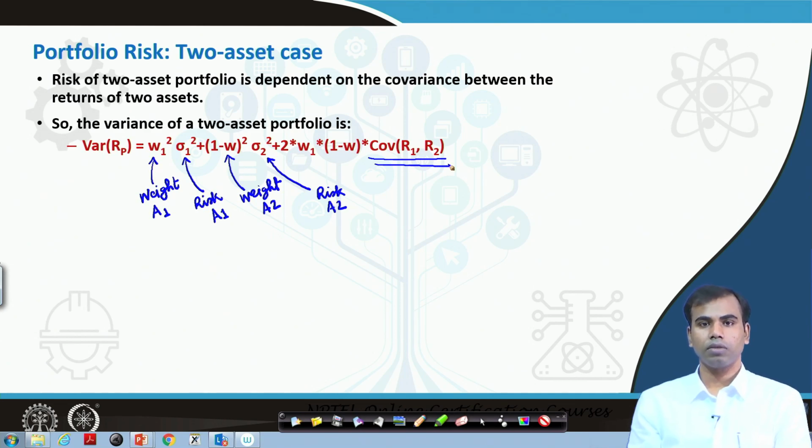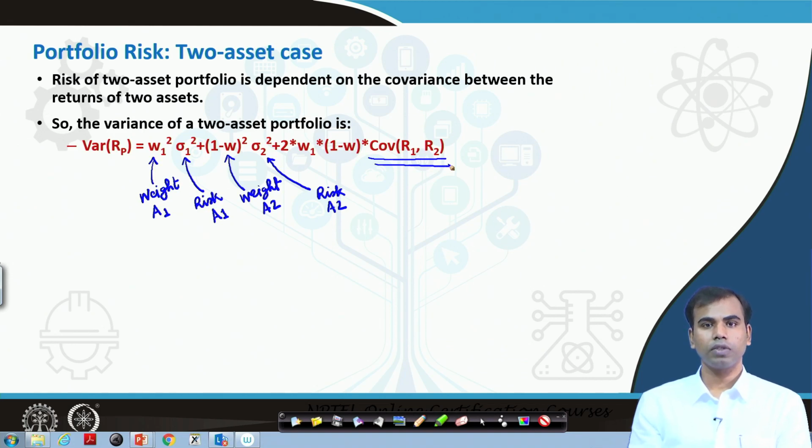What it implies is when we have two different assets in our portfolio, let us say stock and bond, we need to understand how these two assets are correlated, which means if I have some amount of money invested in stock and some amount of money invested in bond, if my investment in stock is going up, I need to understand whether the investment in bond is also going up or it is going down.